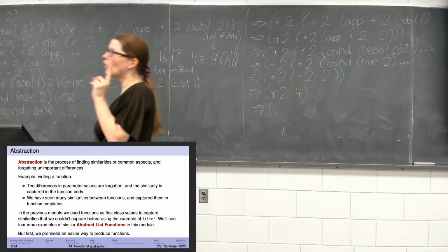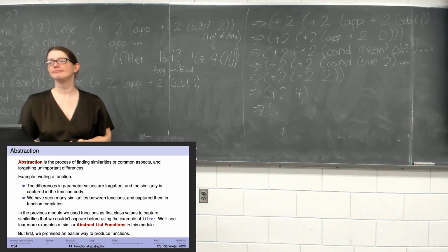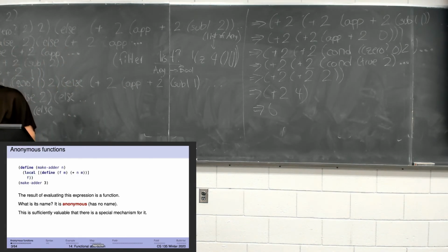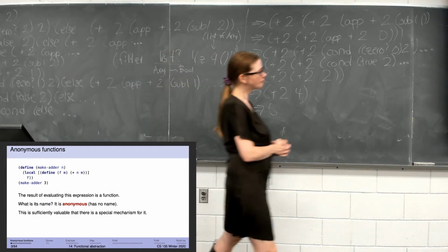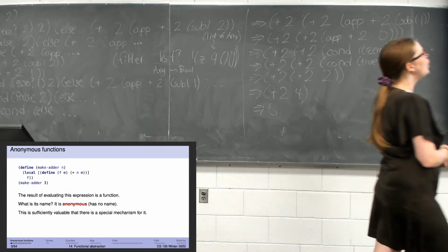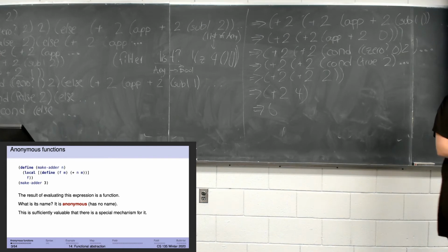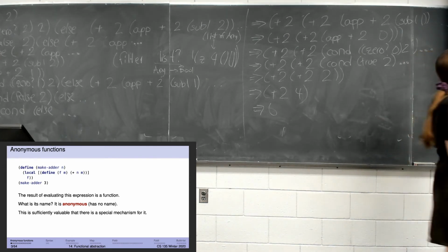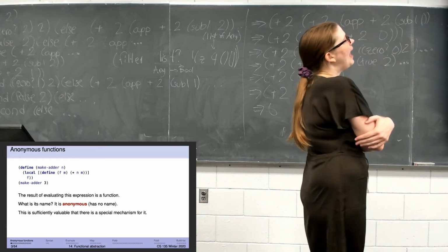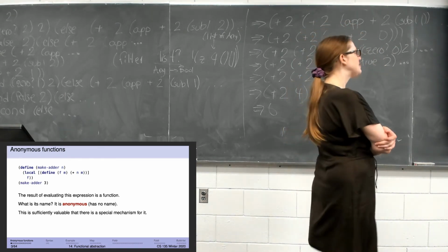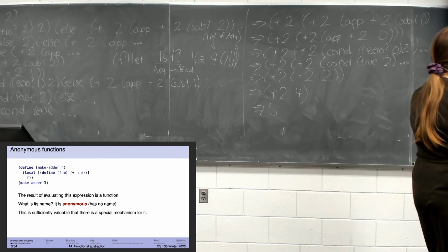But we are missing one piece of this puzzle. Let's see that piece. If we look at our original implementation of our little function factory makeAdder, it has this local inside where we define f of m to be n plus m, and then that produces an f.